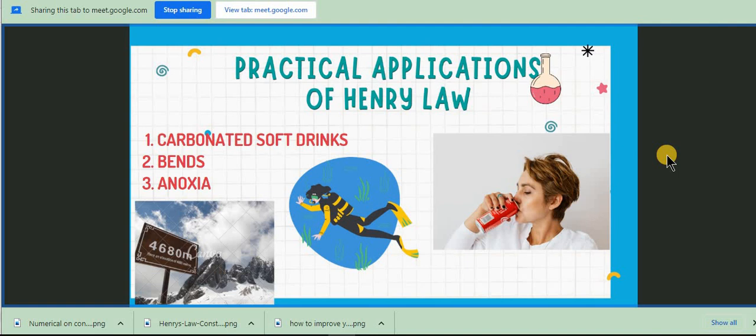Second condition is bends. It is applicable for divers when they go deep down into the ocean. The pressure is the atmospheric pressure plus the hydrostatic pressure of the water present over the diver. So when pressure is increasing, the solubility of gases other than oxygen also increases, for example nitrogen. So the nitrogen solubility increases when the diver inhales the gas from the cylinder, which may contain a little amount of nitrogen as well.